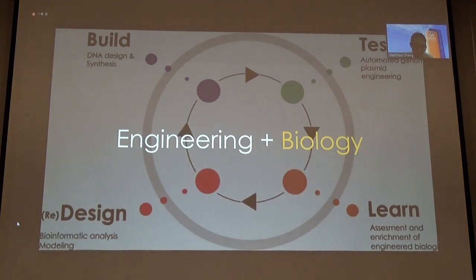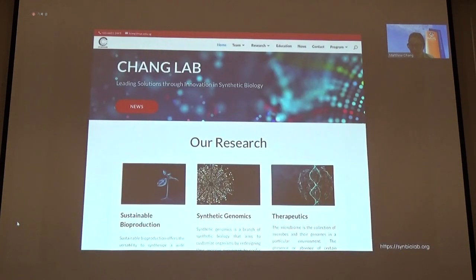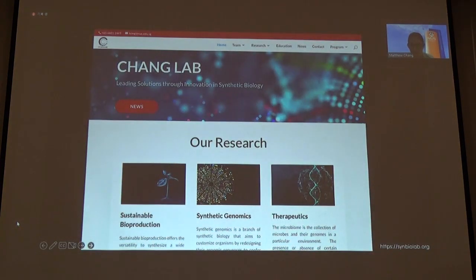and biological engineering work. Based on this, my lab is very much interested in designing genetically encoded genetic circuits that can enable a living biological system to show new cellular functions.